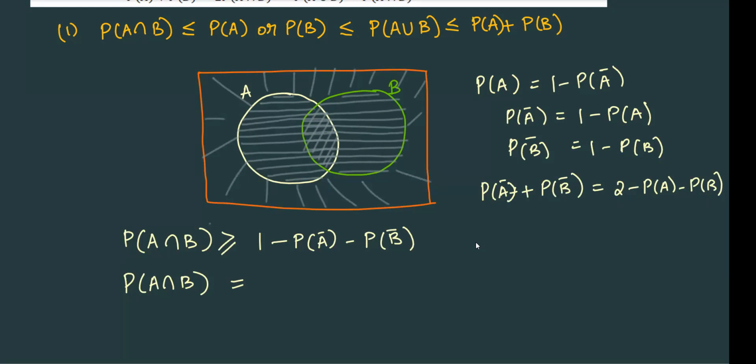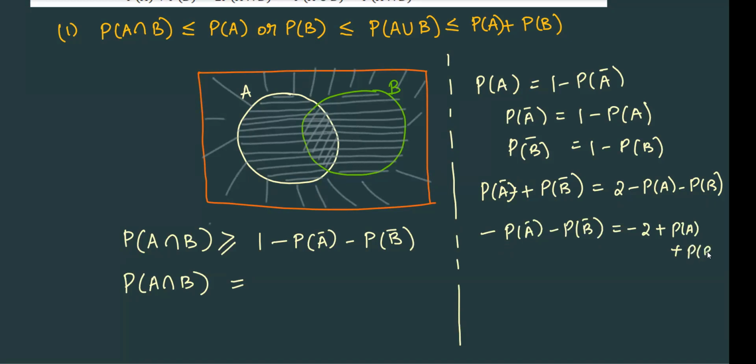Multiply this whole thing with a minus sign. So minus P of A bar minus P of B bar is minus 2 plus P of A plus P of B. Okay. Next, I add 1 to it.